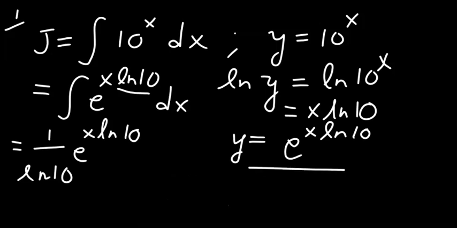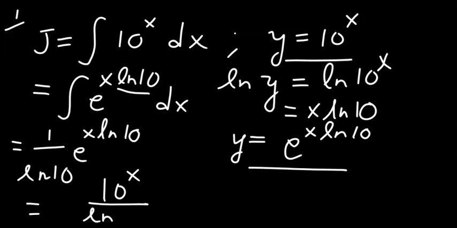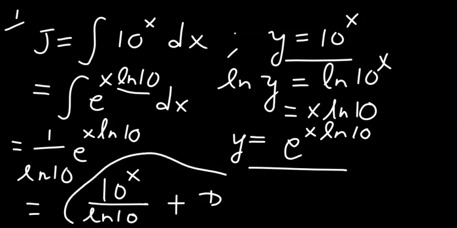Since we know this is y and y is 10 to the power x, let's rewrite that as 10 to the power x over natural log of 10, and you can certainly write an integration constant since this is an indefinite integral, and that's the answer.